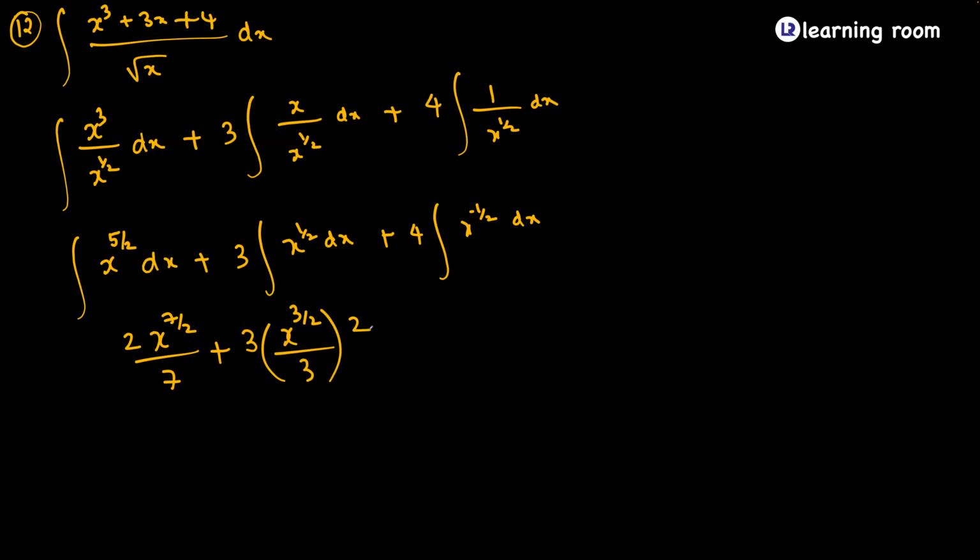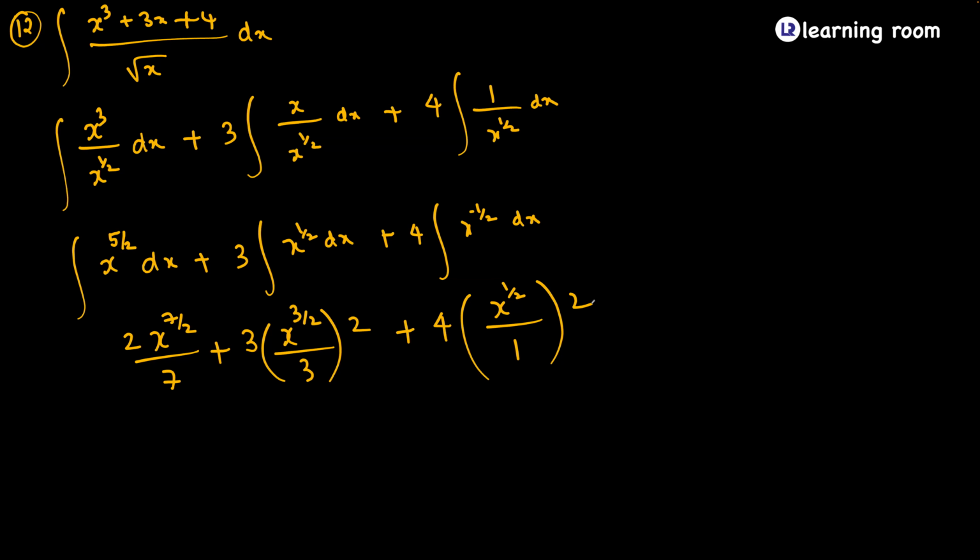Clear with this? Plus 4 into x power minus half is going to be x power minus half plus 1, which is x power half, the whole divided by minus half plus 1, which is half. So 1 will be here, 2 will go here, so it will be 1 by 2, no? The 2 will go to the numerator.